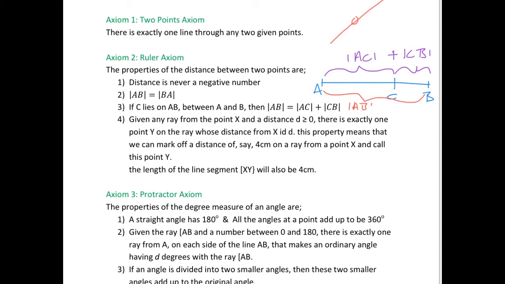So that just means if we have a straight line starting from the point X and we go a distance of, say, 4 centimeters, then this is just one point and we can call it Y.